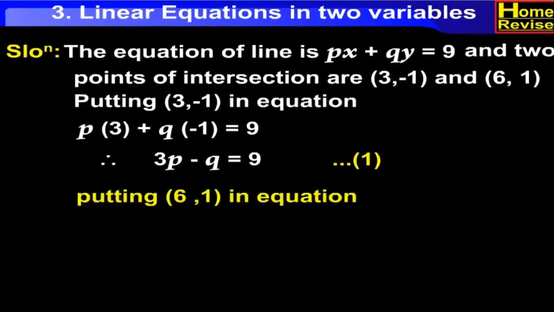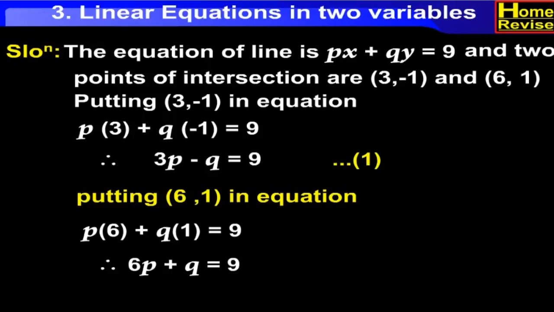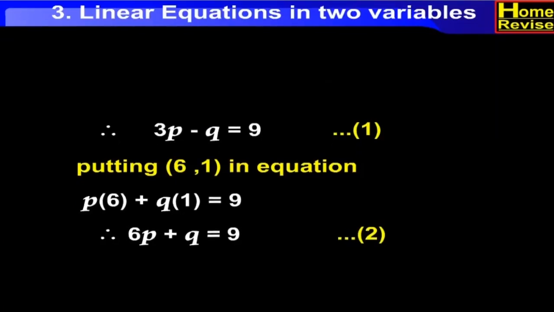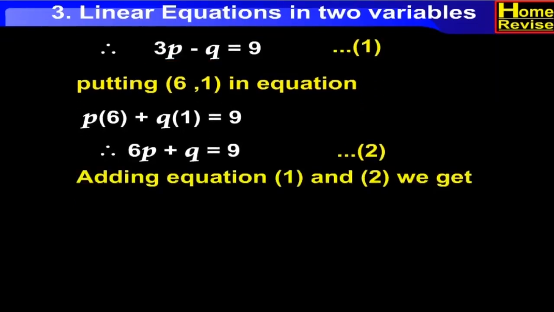Similarly, putting 6, 1 in the given equation, we get p into 6 plus q into 1 is equal to 9. Therefore, 6p plus q is equal to 9. Let this be equation number 2. Now adding equation 1 and 2, we get 3p minus q is equal to 9 plus 6p plus q is equal to 9.